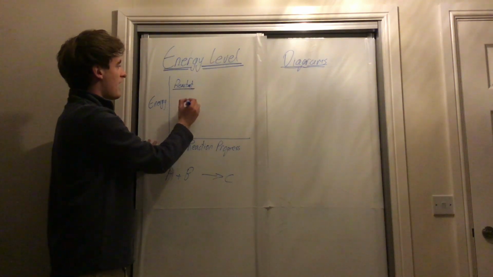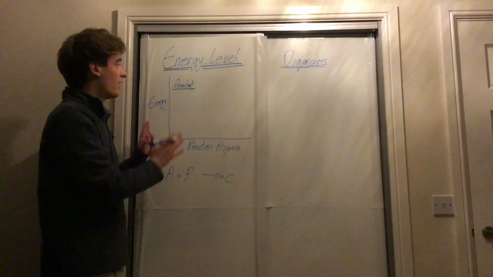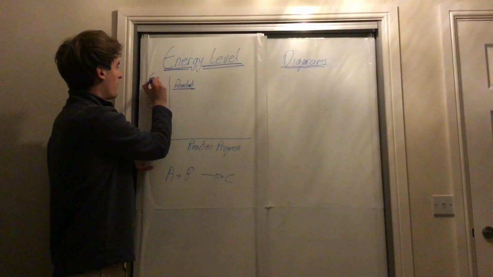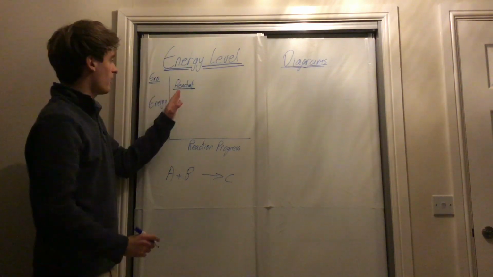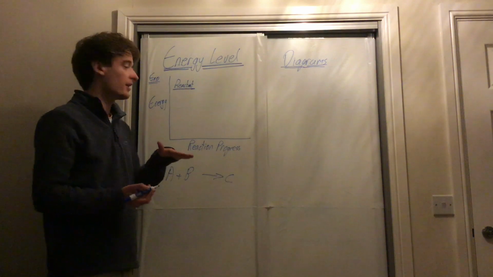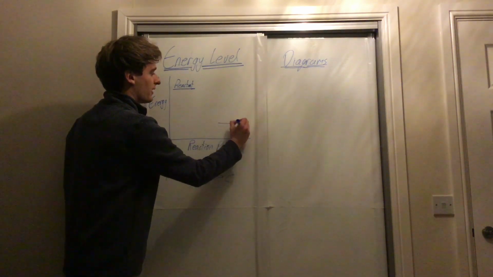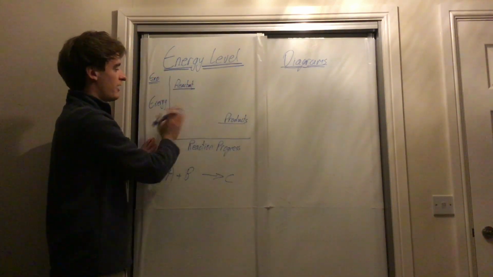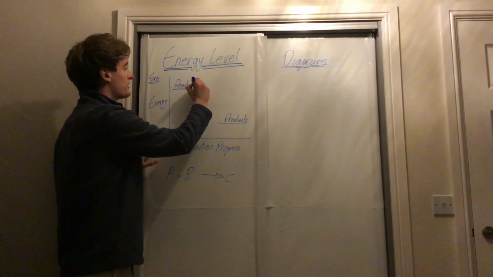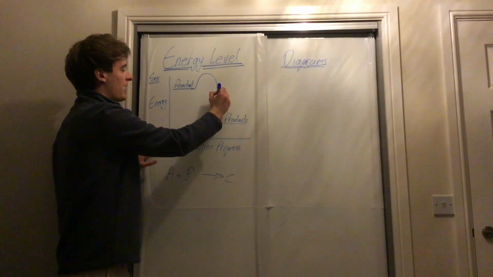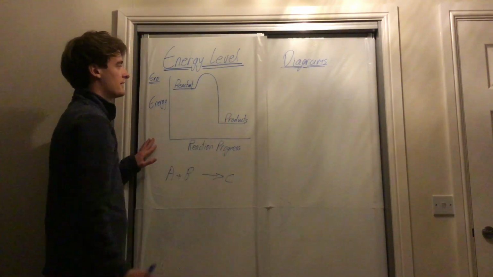Now, this one here, by the way, is exothermic. Energy is leaving the system, which means my products are going to be at a lower energy, so I can draw them down here. The rest of the energy has been lost to the surroundings. I now need a reaction pathway, and that's going to come down like this.